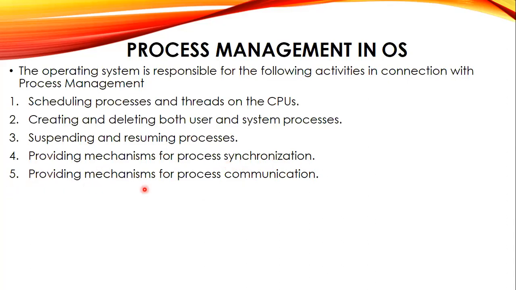Number 5, providing mechanisms for process communication. Process communication means processes may communicate if they need to use some resource from another one or something like that. So the operating system should also do it.